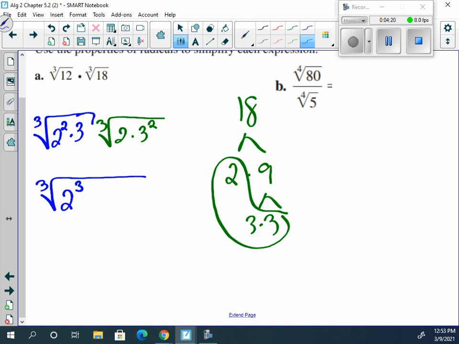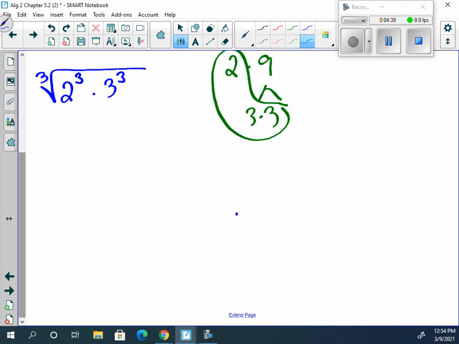I have 3 of them. We have 3 times 3 squared, well that'd be 3 to the third. So we multiplied these together, we got 2 to the third times 3 to the third, because we have 3 in both spots. Now we could see that the cubed root and the third powers would simplify here.